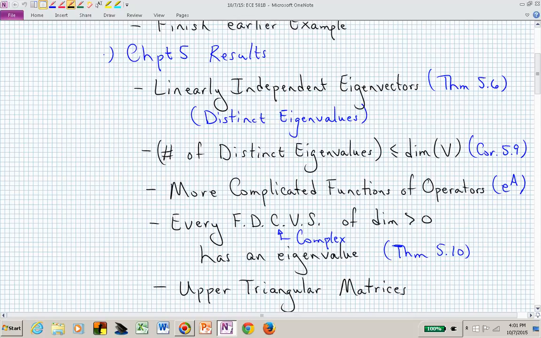Then we will state corollary 5.9, which says that the number of distinct eigenvalues is less than or equal to the dimension of the vector space that the operator is operating on. If your vector space V is of dimension n, then you can expect to have no more than n distinct eigenvalues. That, I hope, is clear.